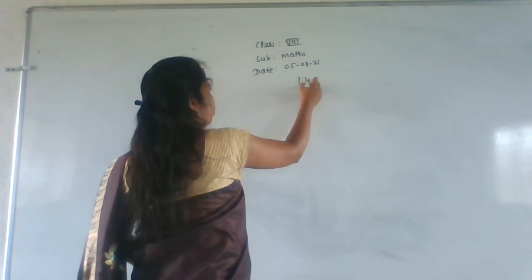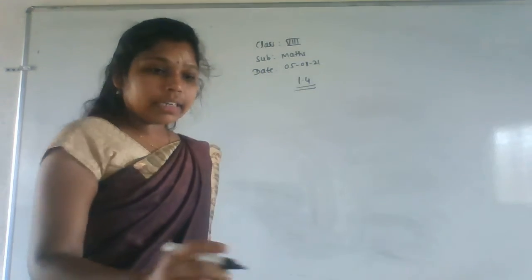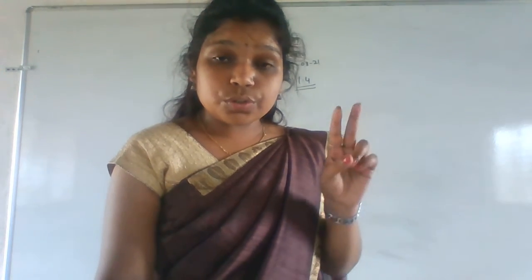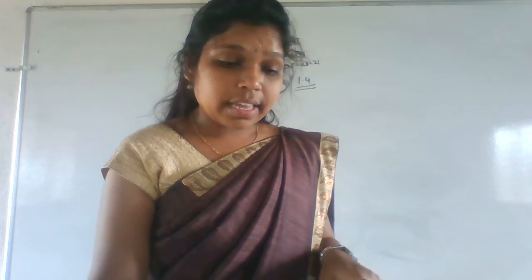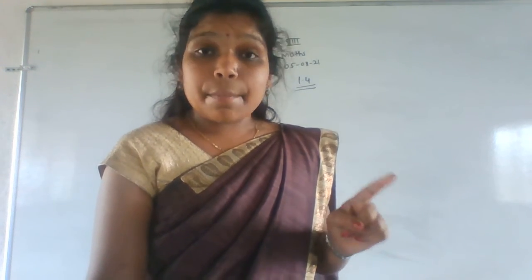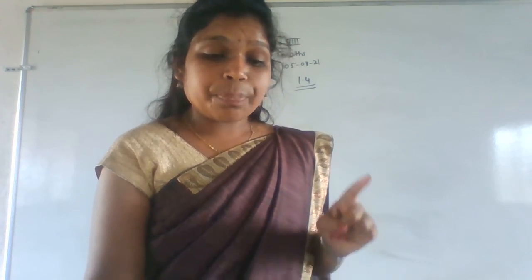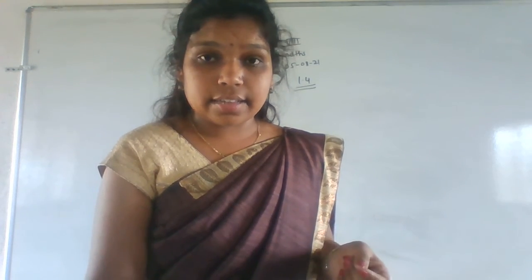Exercise number 1.4. In that, the first one: the sum of two rational numbers is minus 5. If one number is minus 13 by 6, find the other, they are asking.